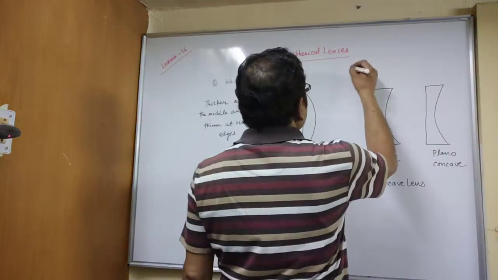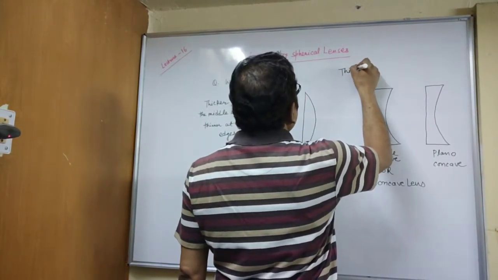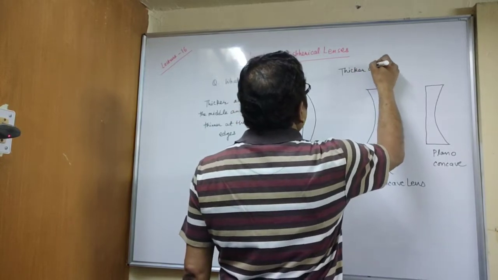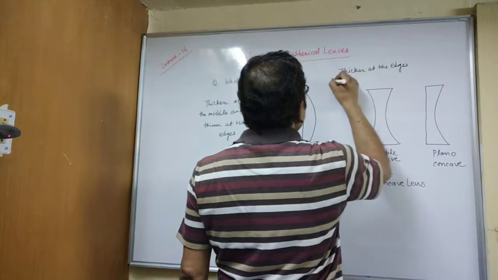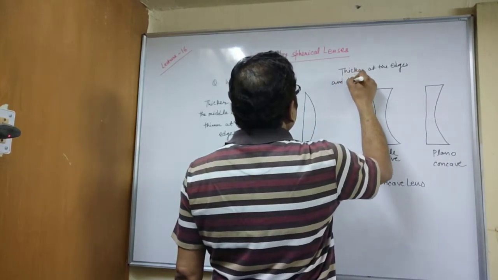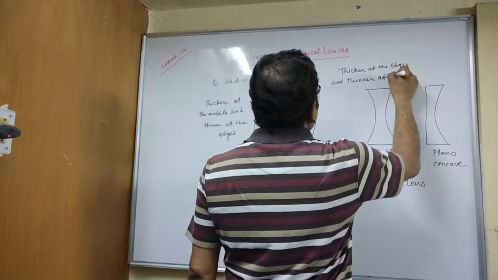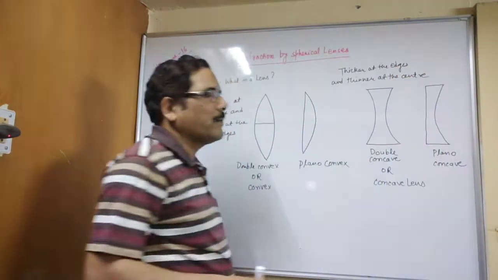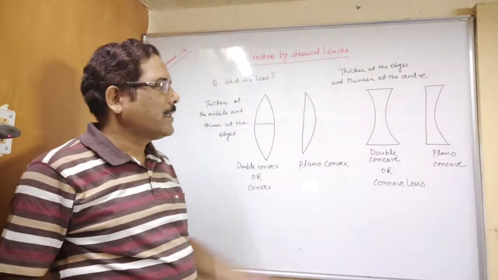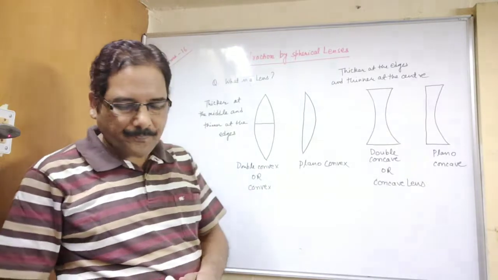It is thicker at the edges and thinner at the center. From the diagram it is clear, isn't it? It is thinner at the center and thicker at the edges.